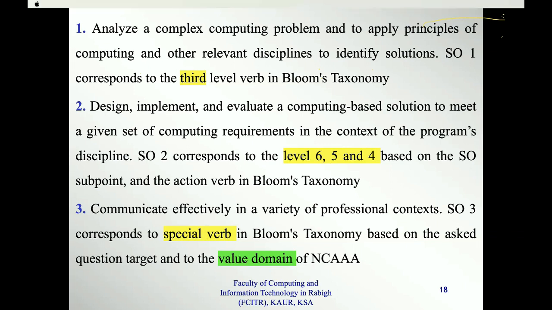It could be the value domain, because in ABET it says communicate effectively, and this is value. It depends on the response, on the person.